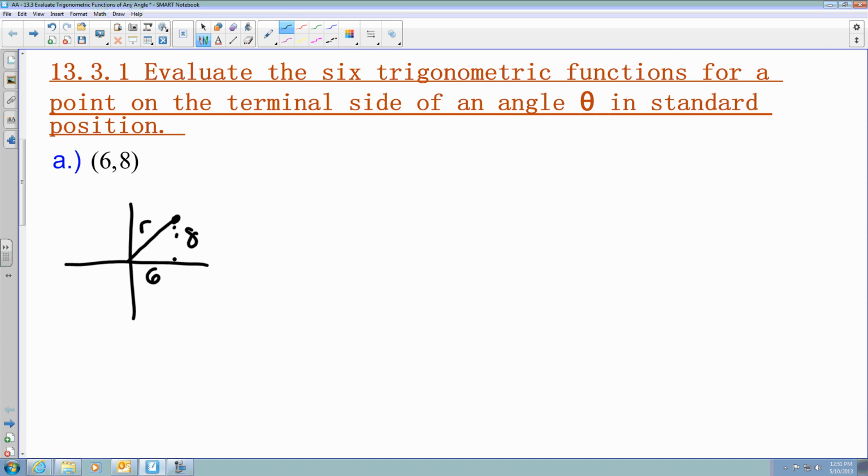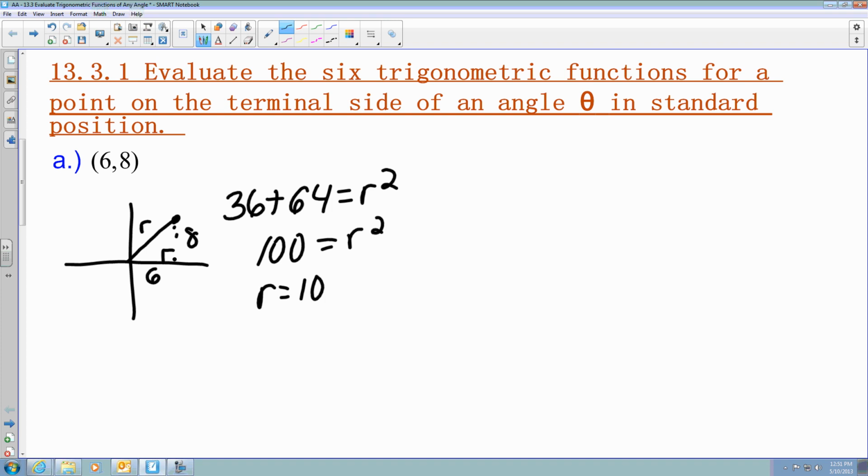So this is going to give us a right triangle. Which means I can use the Pythagorean Theorem: 6 squared, which is 36, plus 8 squared, which is 64, will give me r squared. So 36 plus 64 gives 100 equals r squared, and r is going to equal 10.